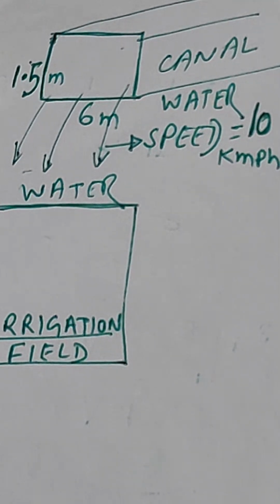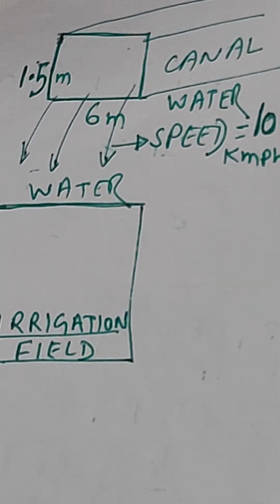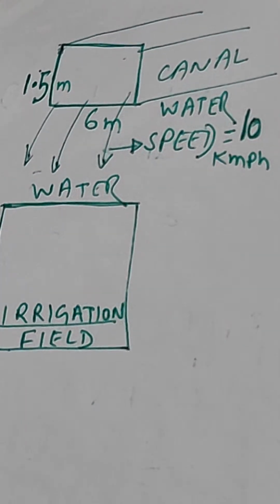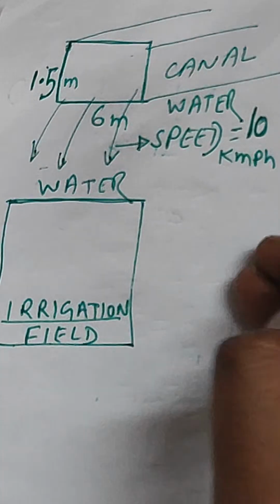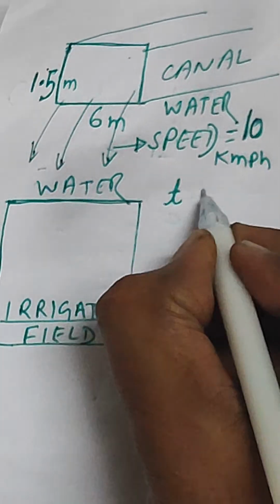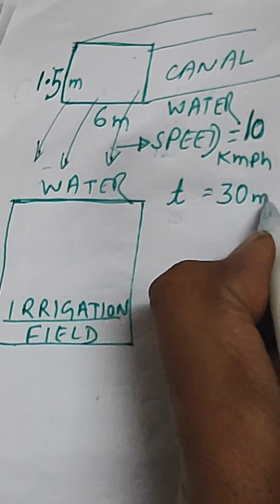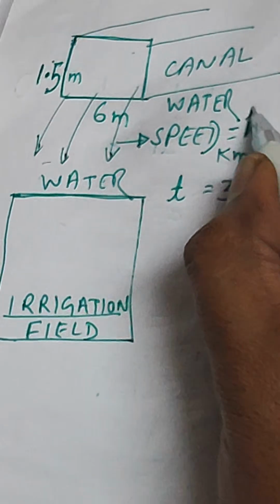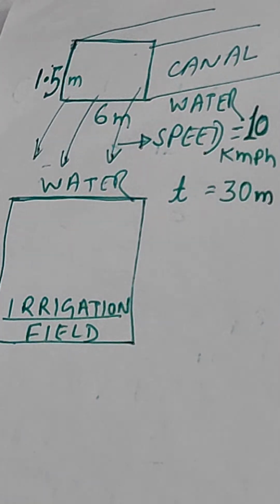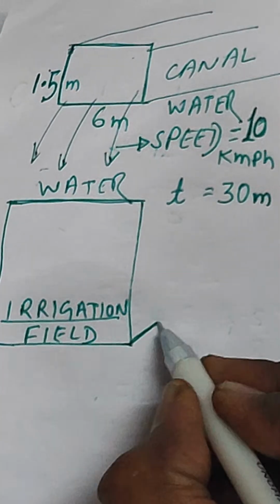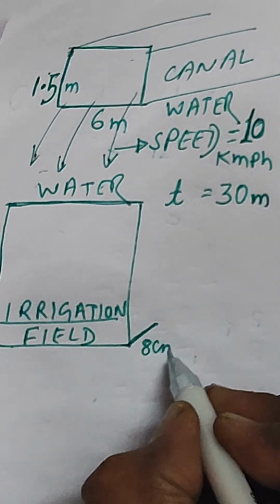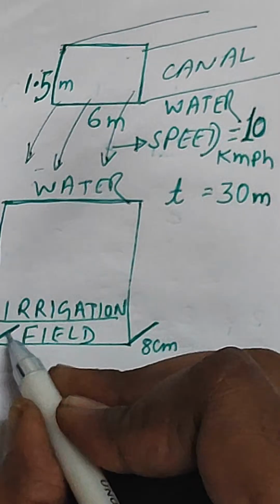Now in this question it has been asked how much area will it irrigate in 30 minutes. So the time given to you is 30 minutes, and the speed of water flow is 10 kilometer per hour. If 8 centimeter standing water is required, that means the water which needs to be kept standing in the field is 8 centimeter.